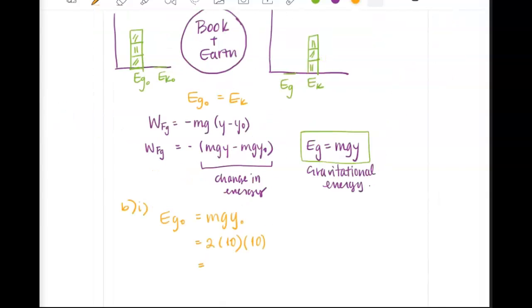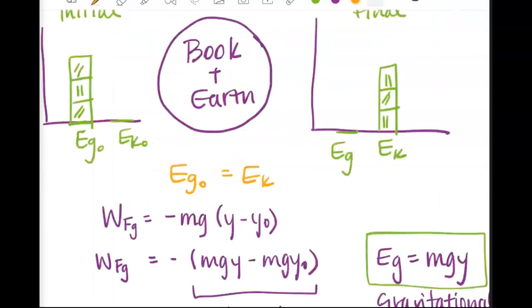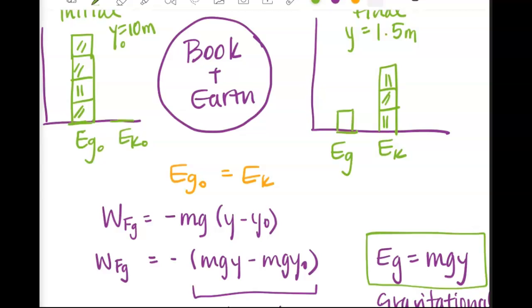Let's say that we start at y naught equal to 10 meters, and our final position is where our friend catches it, at 1.5 meters. So we have just a little bit of energy left here in the gravitational field. So we'll add that over here.